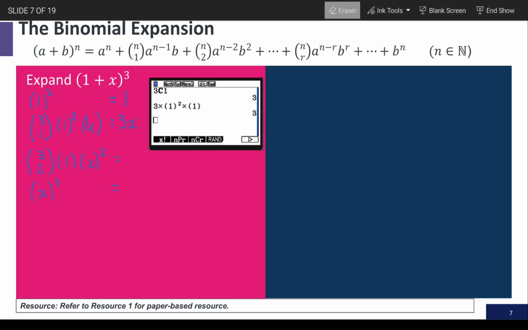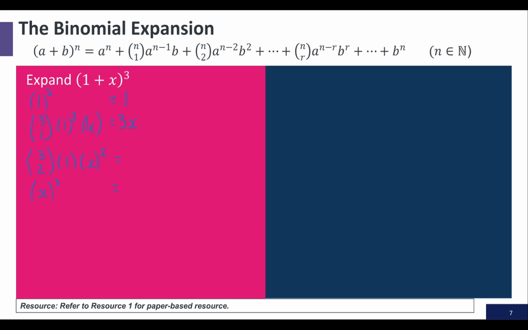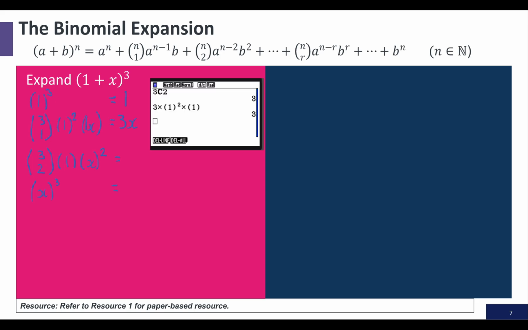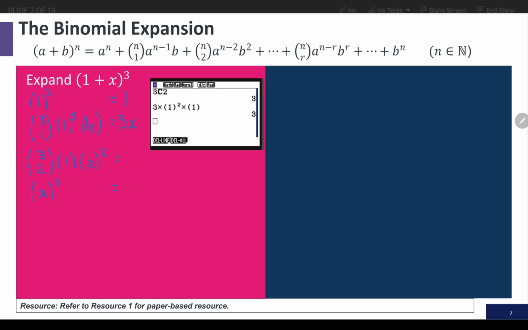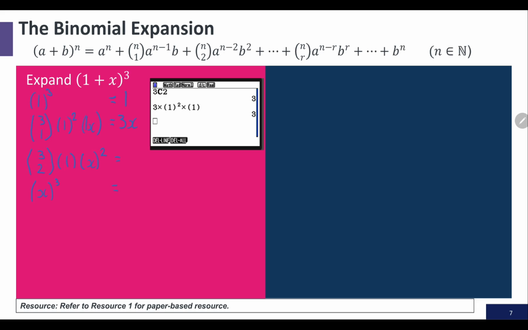So I would be getting really, really comfortable with my calculator. The next term, in my calculator, 3 choose 2, which is 3. Multiplied by 1, then multiplied by 1 squared like that.